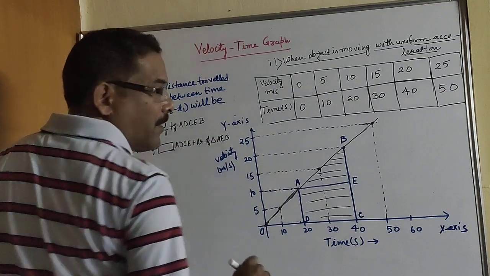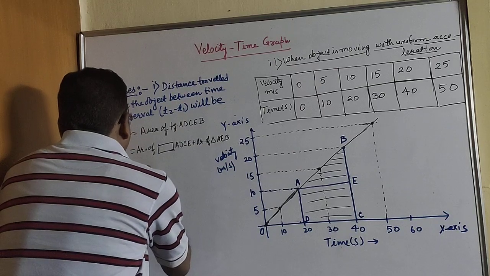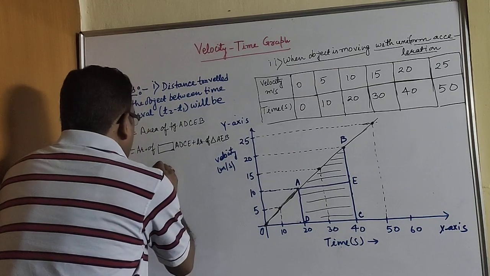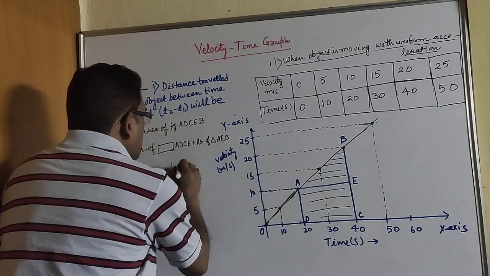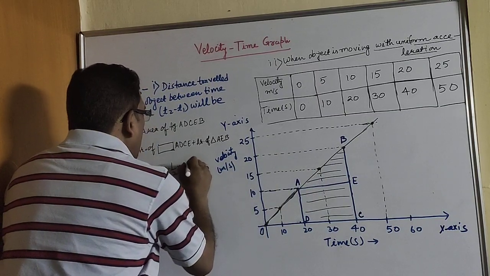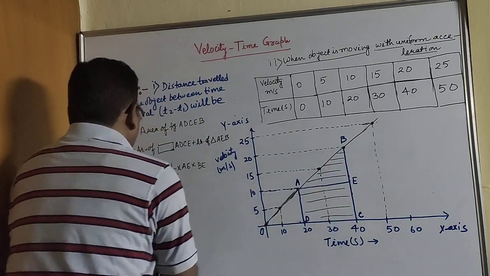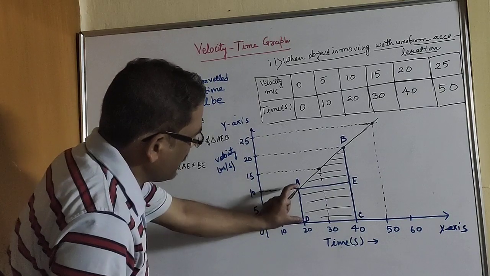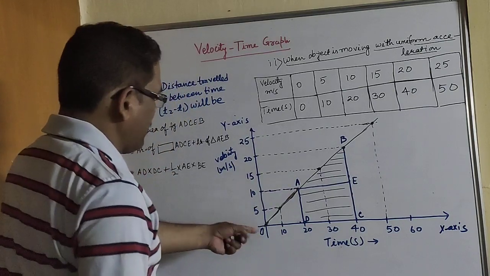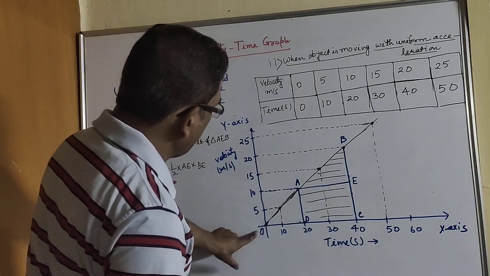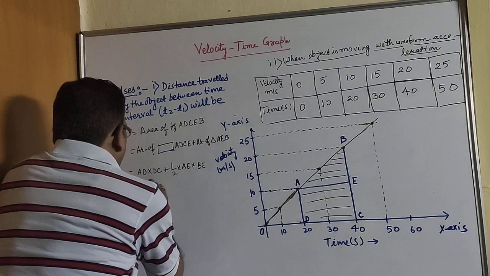So as you know, area of rectangle is length into breadth, so it will be AD into DC, and area of triangle will be half base AE, and height is this BE, and AD is how much? So AD is, now we are giving the value from this graph. So AD is 0 to 10. It means AD is 10.